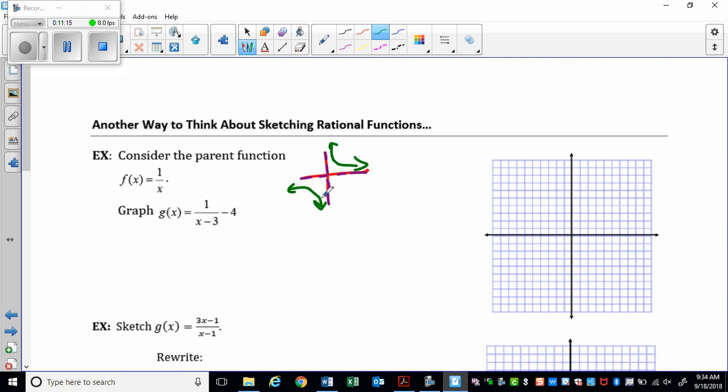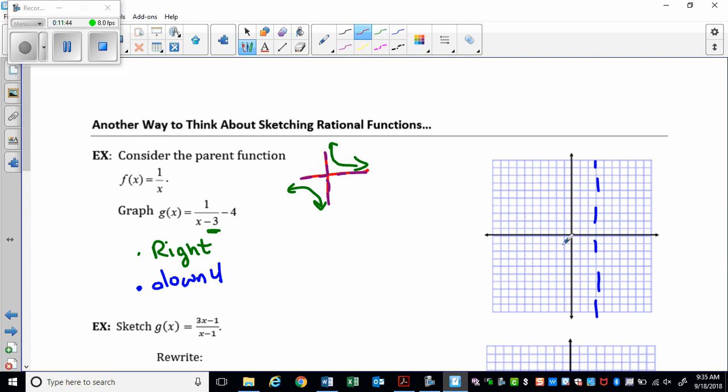Okay. Now, when I do 1 over x minus 3, this means we're going to go to the right 3 because it's minus 3. We do the opposite. And then we have on the outside of the function minus 4. So we actually are going to go down 4. And this is going to make our asymptotes go to the right 3. So we have 1, 2, 3.